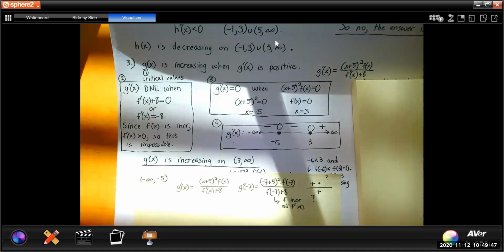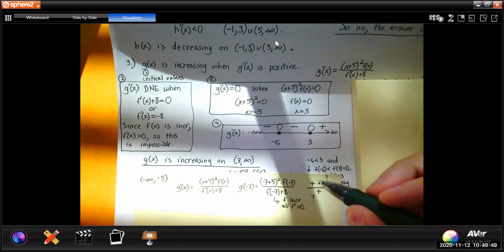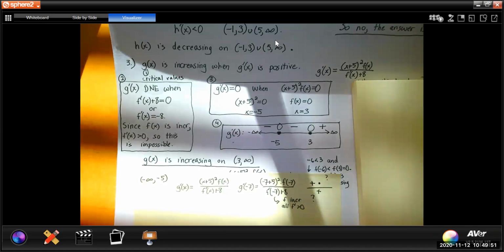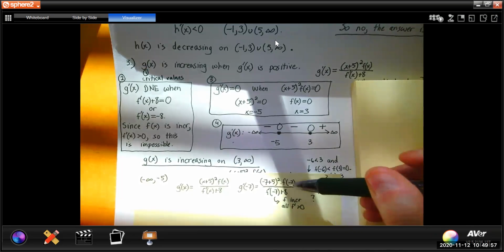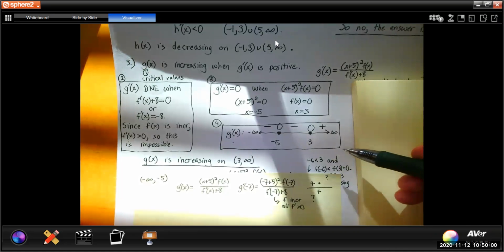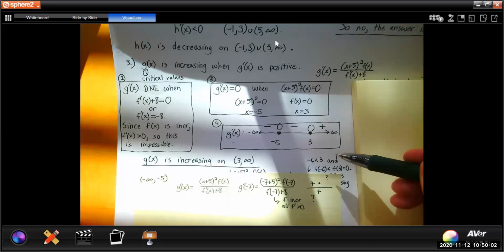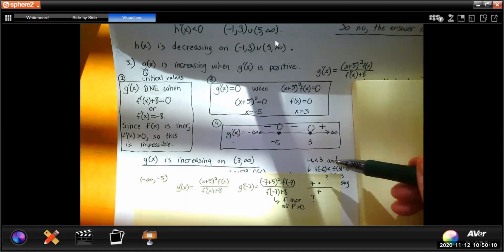It's the last part that I don't think you would have figured out because it really involves some diagonal thinking. So get your bishop hats on. To figure out why f of -7 is negative, what we need to do is think about what else we know about f. And we only know one other piece of information about f besides that f is increasing, which we already knew. We know that f of 3 is 0.